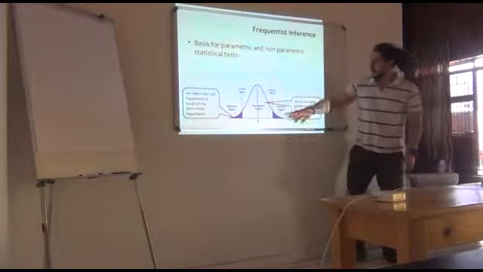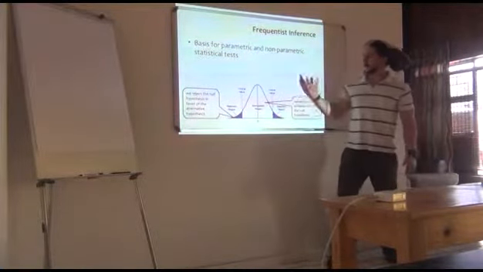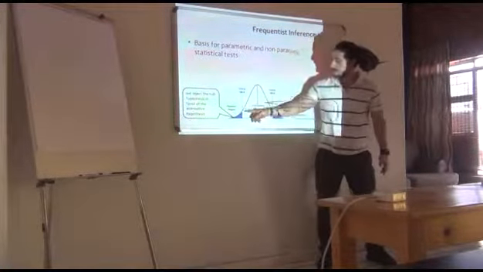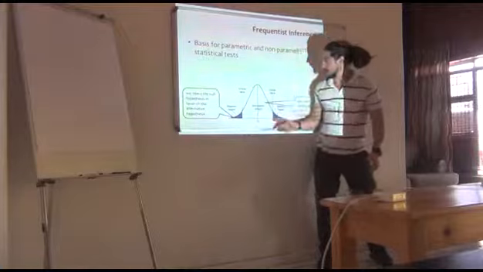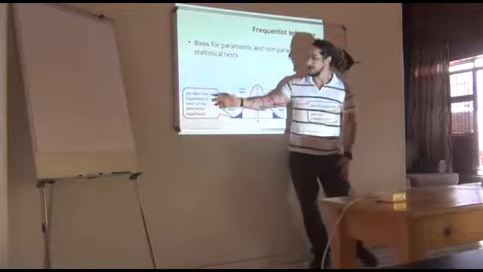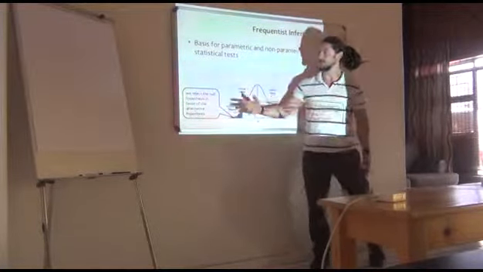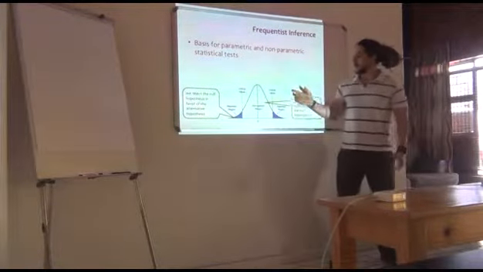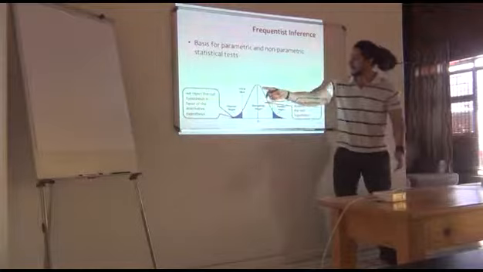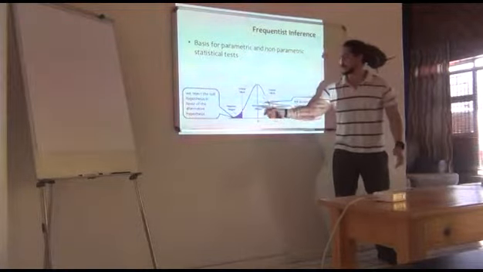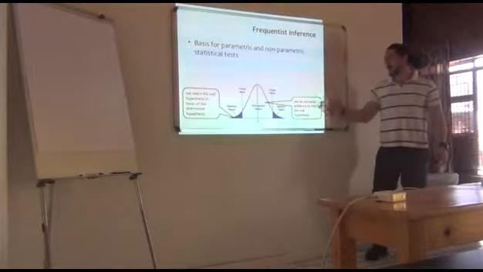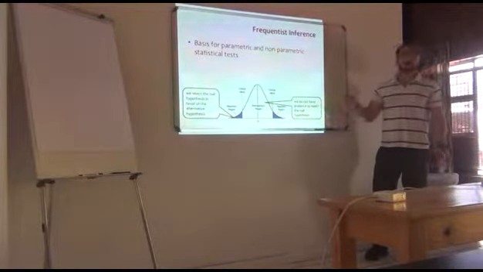So the rejection region: if our observed empirical value is in this region here or here, then we can reject a null hypothesis in favor of the alternative one. And on the other hand, if our observed value is in this non-rejection region here, we do not have evidence to reject a null hypothesis.